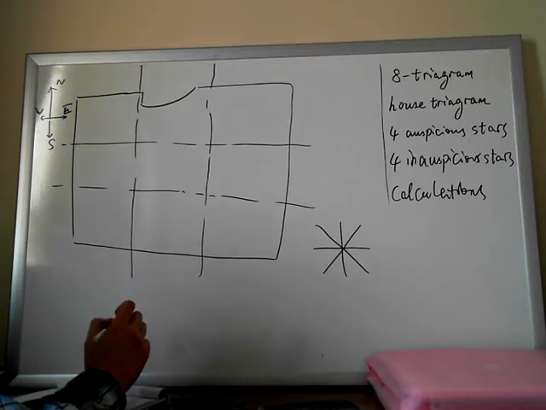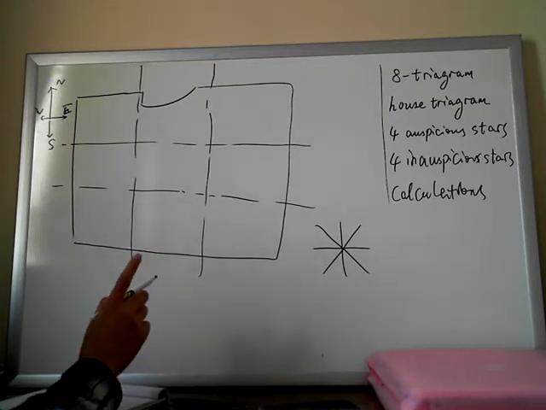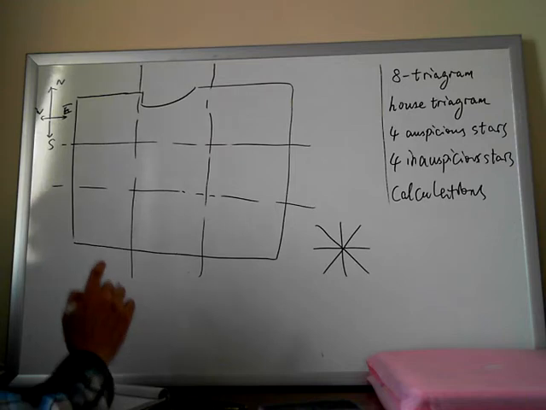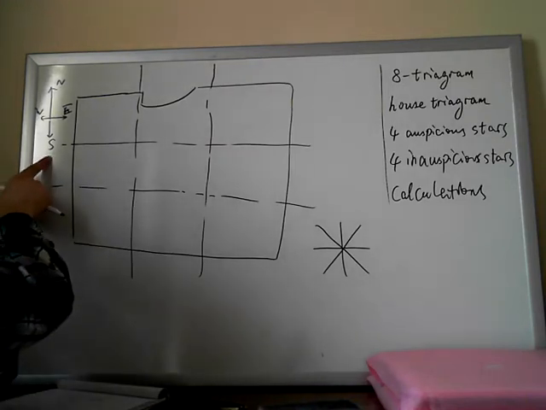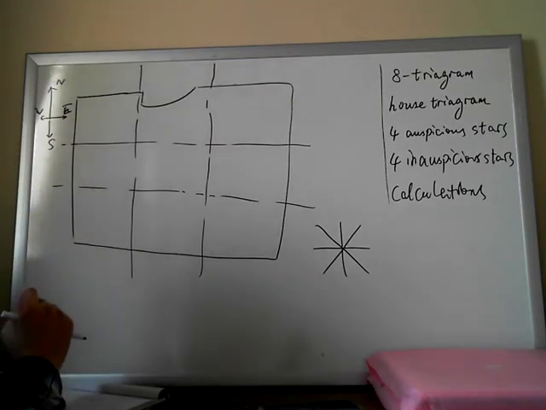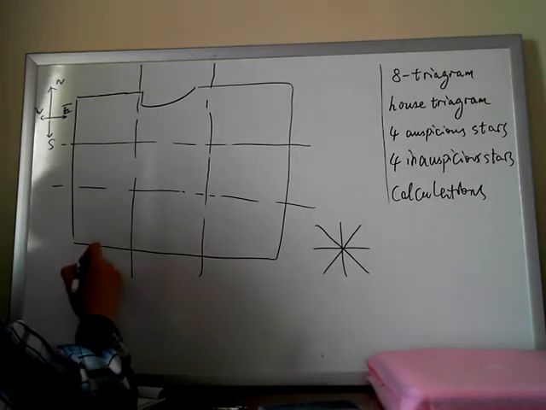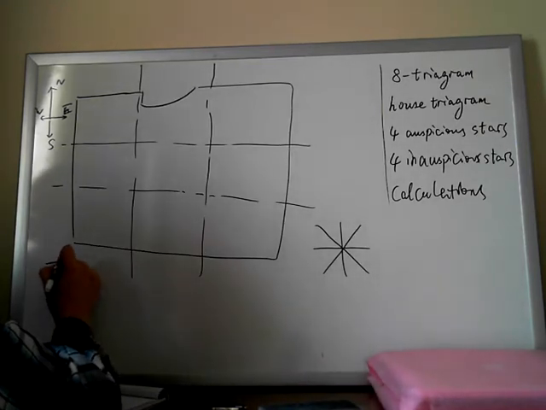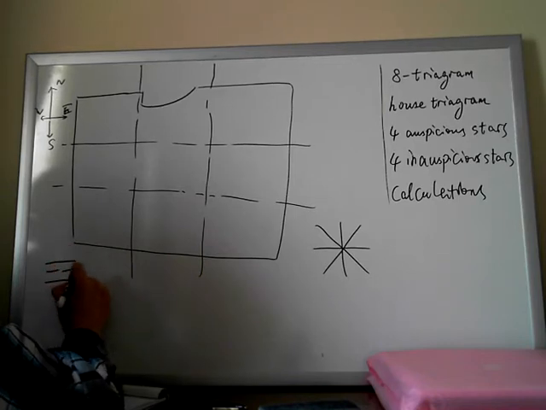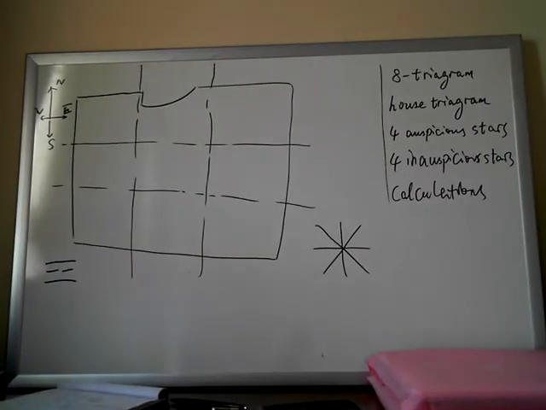So first, we need to determine the house trigram of this house. It's sitting south, facing north. The sitting direction is south, so the house trigram is Li. And the direction associated with the house trigram is where the Fu Wei star is located.